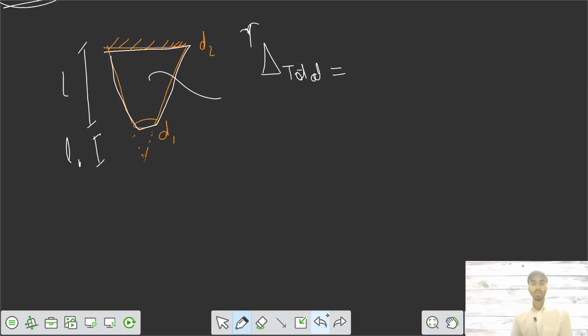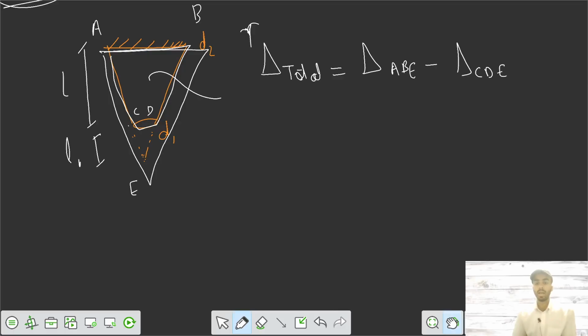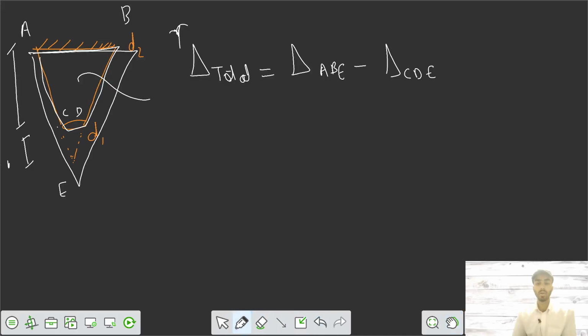Say we write it as A, B, and here is C, D, E. We write delta of A, B, E, but actually the part C, D, E is not there, so you need to subtract the deformation of that part, delta C, D, E. You also need to subtract one more thing.